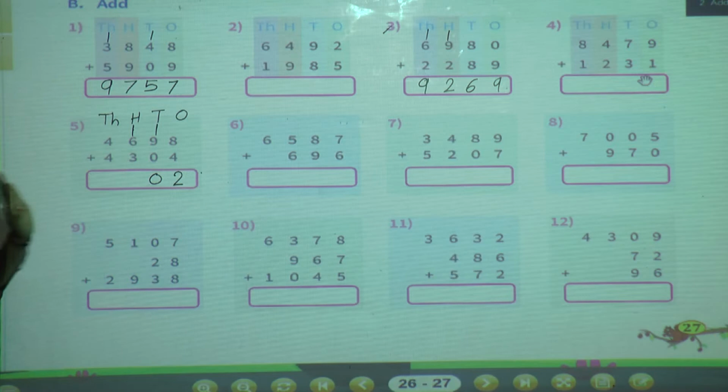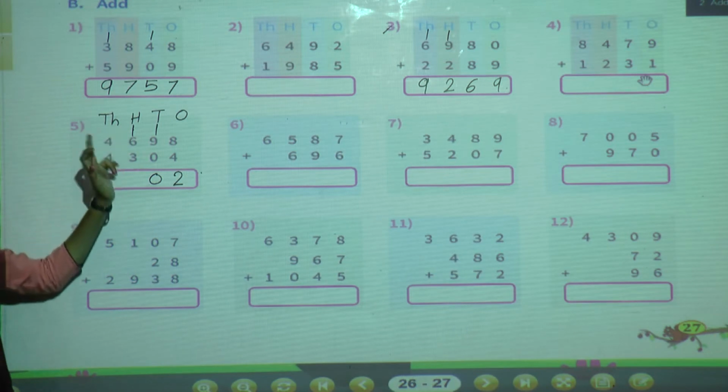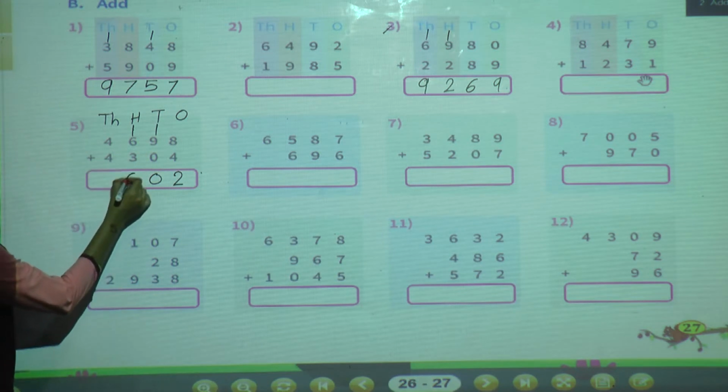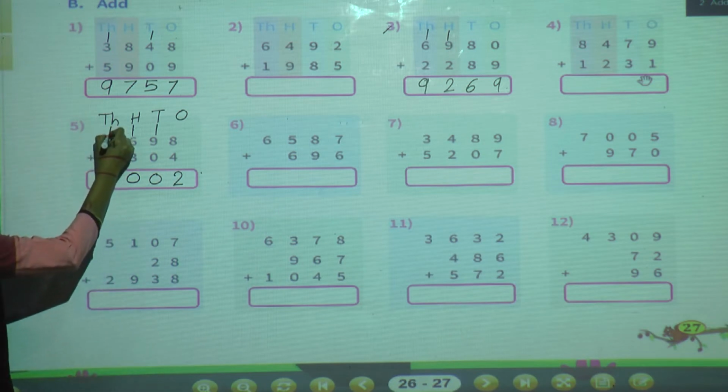Now do the addition. 1 plus 9, yes, 1 plus 9, 10, and 10 plus 0, again 10. So here we will write 0 and 1 we will give as a carry to the next place, that is at hundreds place. Now we will see the hundreds place digits. 100 plus 600 plus 300. Now 1 plus 6, 7, and 7 plus 3, 10, correct. So we will put 0 here and we will give 1 as a carry.